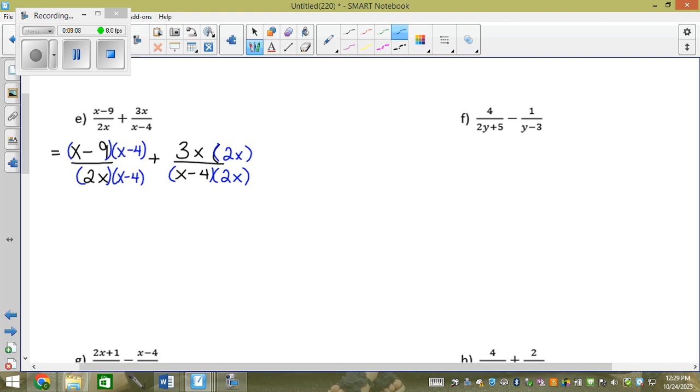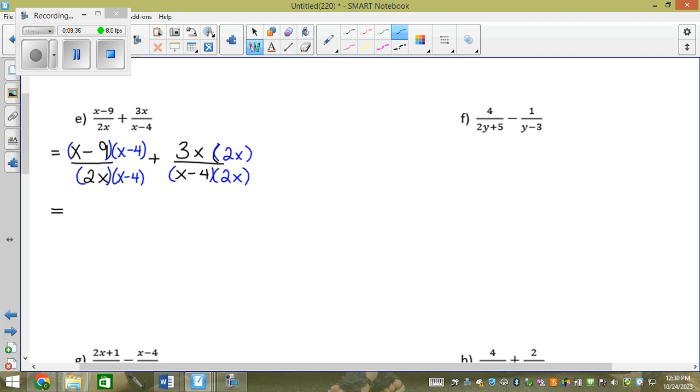Does it make the denominators any better or any more common if you put them together, when it's a binomial and a monomial? No. And if you put them together, you're just going to have to GCF it back out, right? So we aren't going to put our denominators together ever when it's adding and subtracting or solving. We'll just leave them apart if it's a monomial and a binomial. The only time you put them together is if they're both monomials.